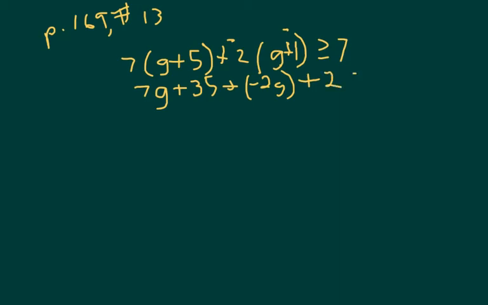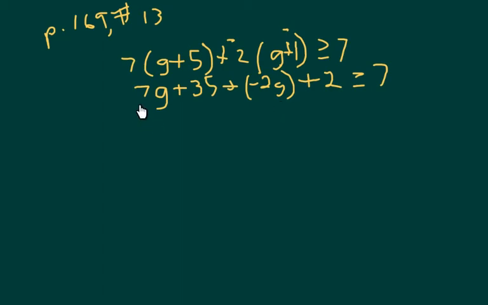Is greater than or equal to 7. Now I have two types of terms. I've got the constants, the 35 and the 2, so I can put them together, and that'll result in 37. Then I have the 7g and the negative 2g. They're like each other because it's the same variable to the same power, g to the first power.